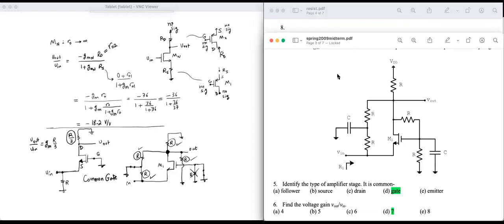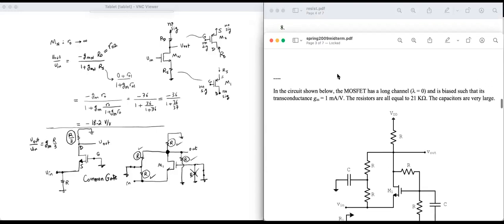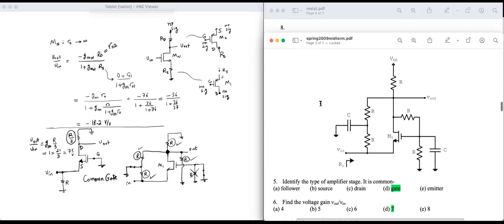And R is 21. So this is 1 times 21 over 3. That's 7 volt per volt. So the gain is 7 volt per volt, as you can see here in the answer. Okay, that's pretty straightforward.